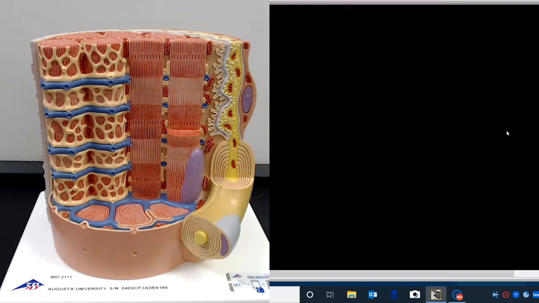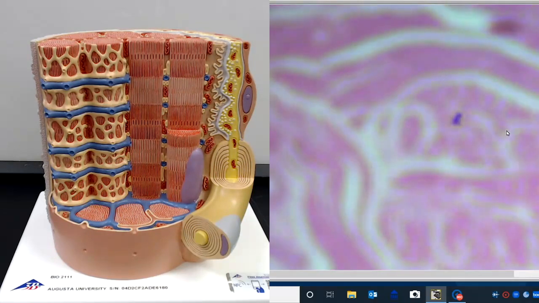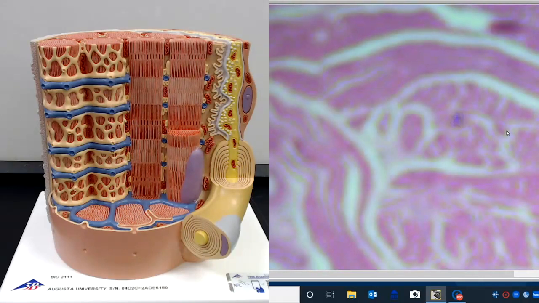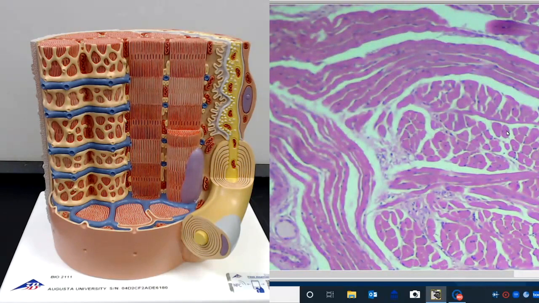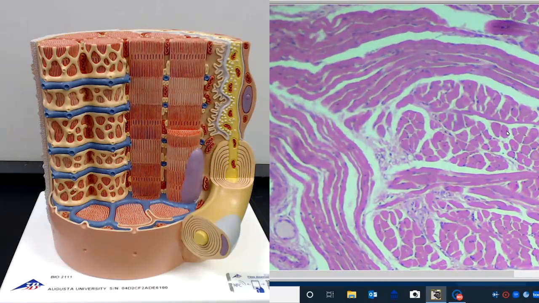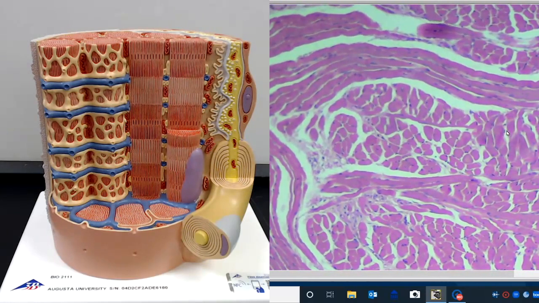If we look at a higher magnification, so I've moved from the 4x objective to the 10x objective, we can see the organization of the fascicle into bundles of muscle tissue.